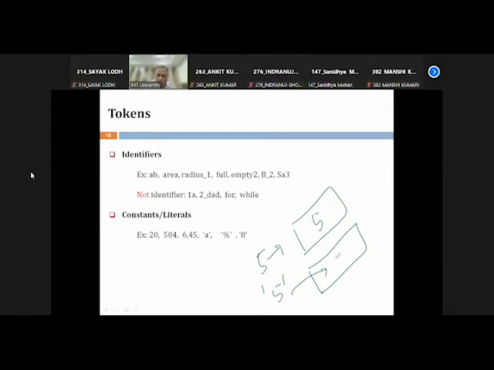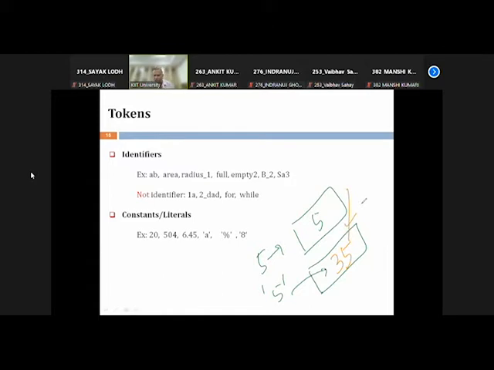Now, suppose the ASCII value is 35. I do not know the actual ASCII value; let me assume the ASCII value of 5 is 35. I ask you, read what value is written here.